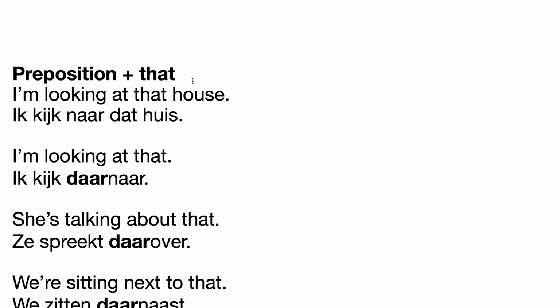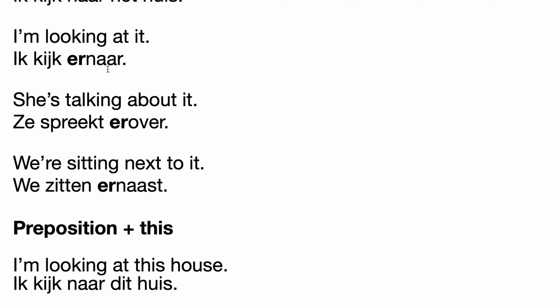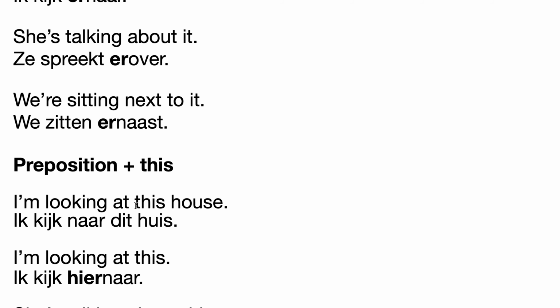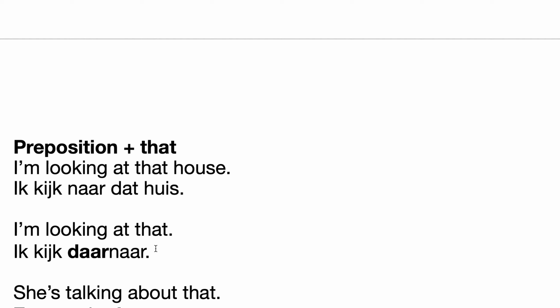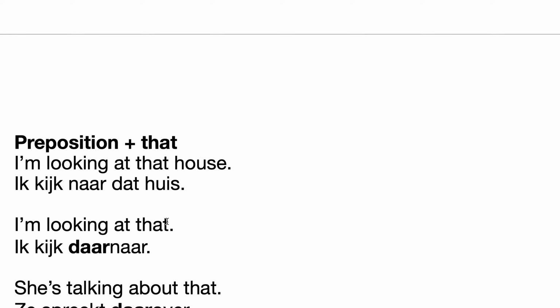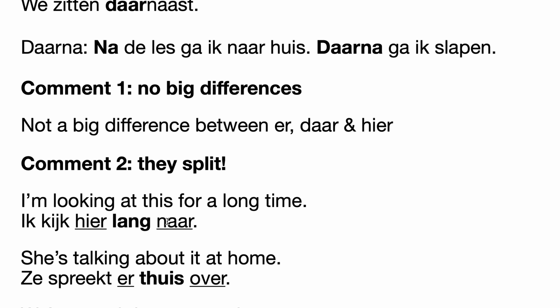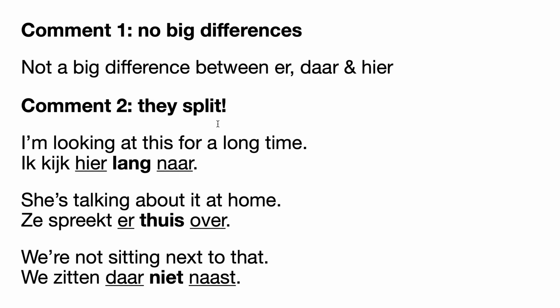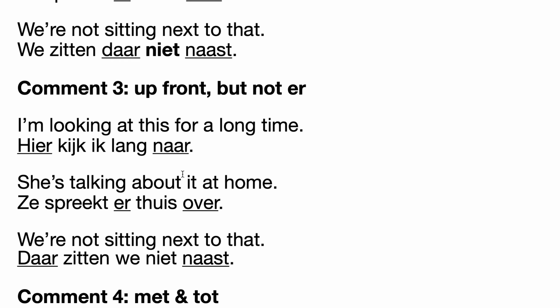Het, it becomes er. Dit becomes hier. And dat becomes daar. Okay? Cool. And then there are no big differences between them. They split up if there's a word in the sentence that can be put in between. Put it in between the hier and the naar. You can even put the daar and the hier up front.